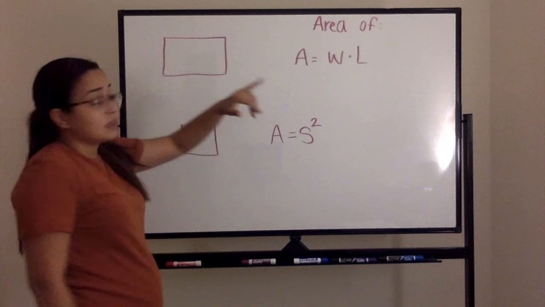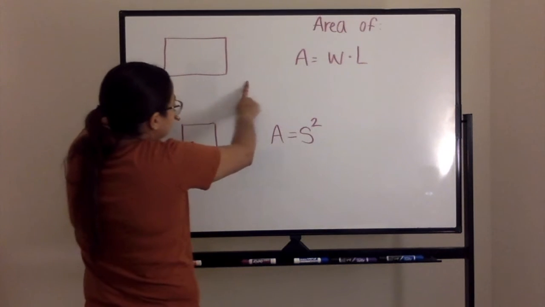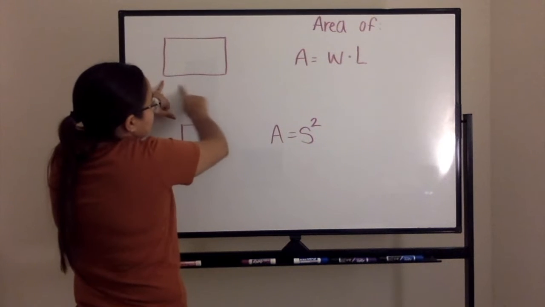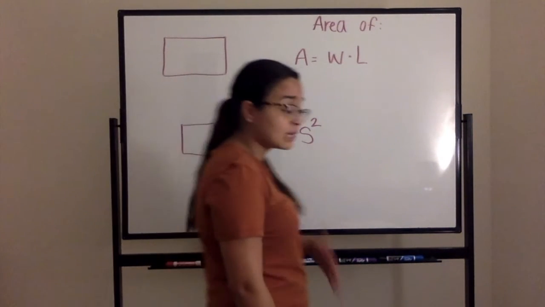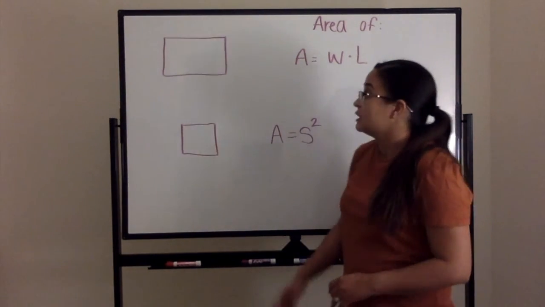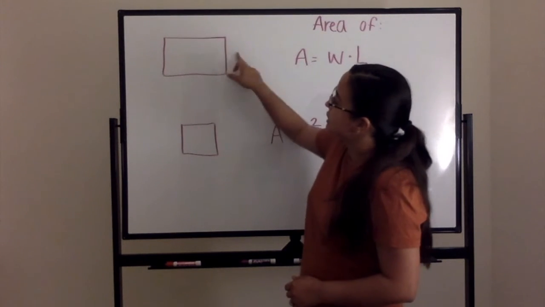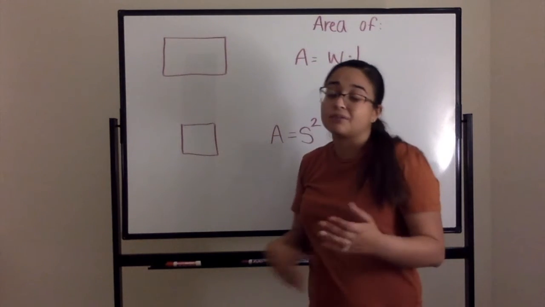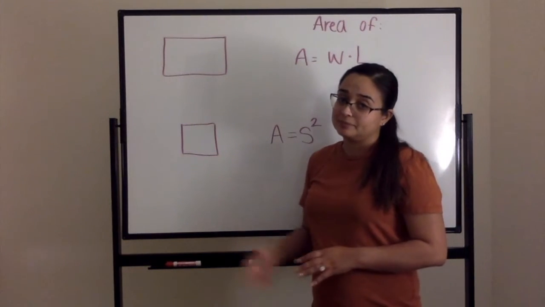Now, the length is how long it is. Okay? So how long does it go? And in a rectangle specifically, these don't always match. Maybe both of these sides do, and both of these sides do, but these two are never the same. Because if all four sides were the same, we would be looking at a square.